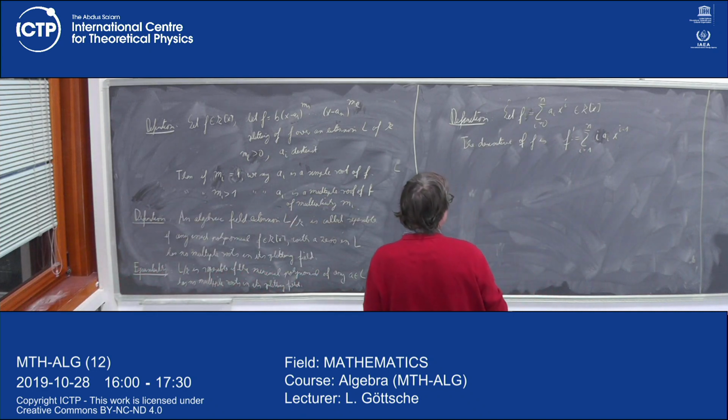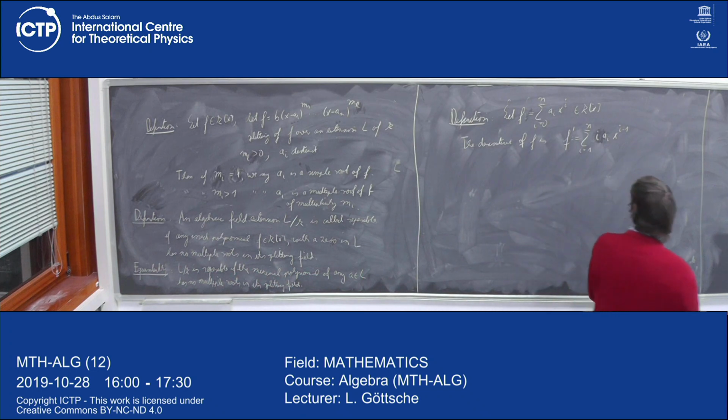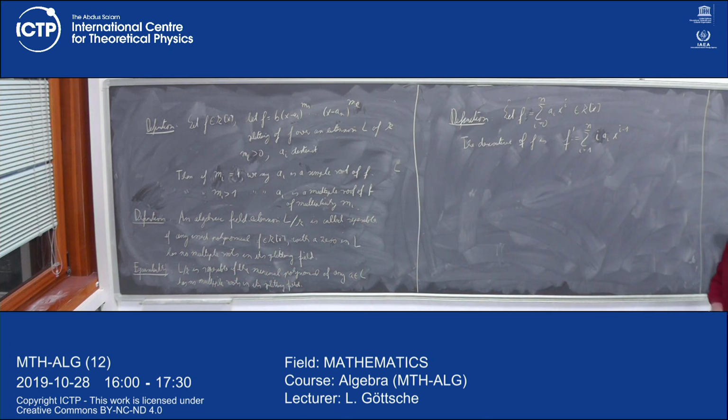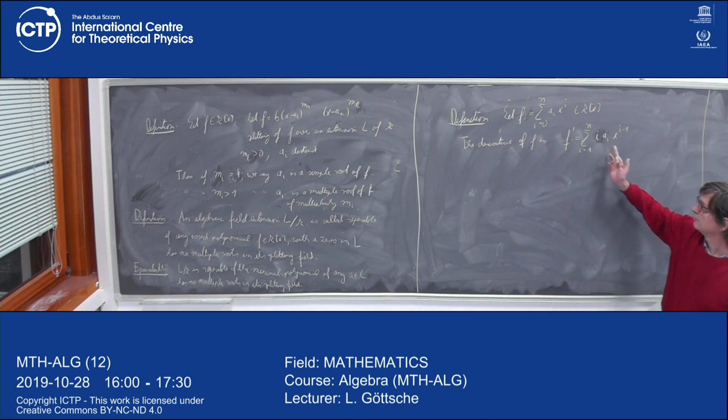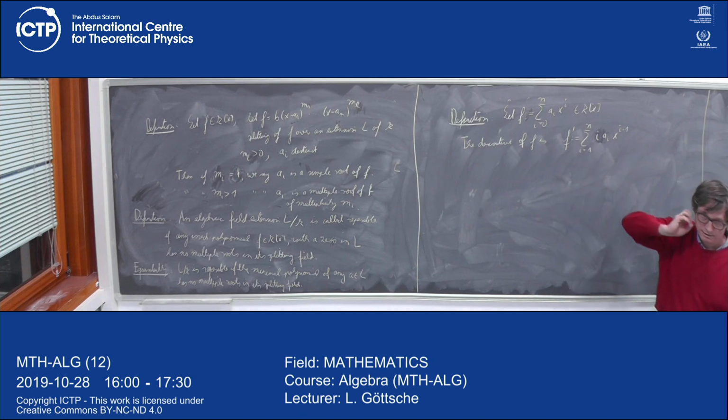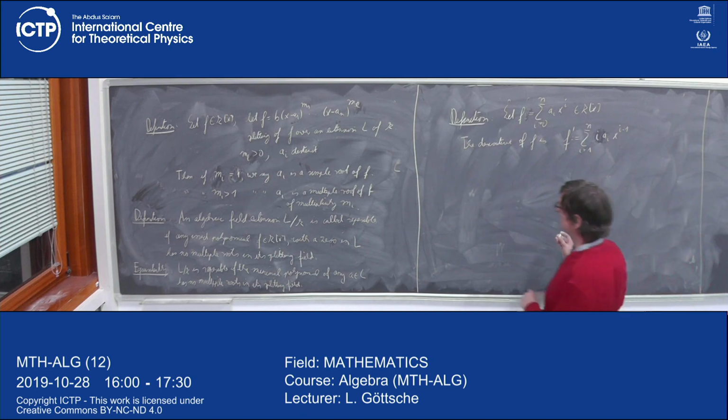It's easy to check that the derivative is in a suitable sense linear, so if you take the sum of two polynomials or multiply by constants, it is linear, and you have the Leibniz rule for products. This is an exercise.